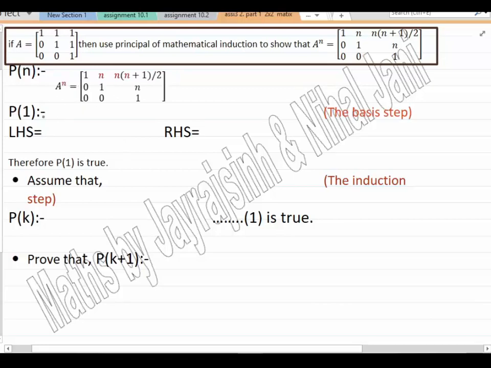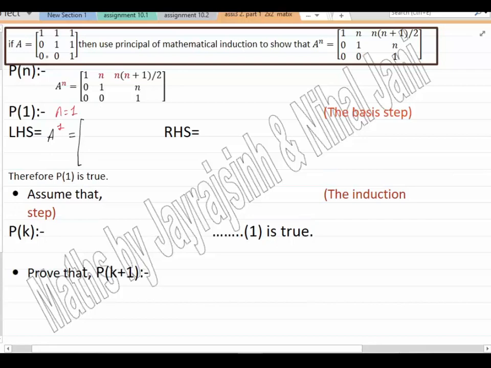Okay, without wasting time, let's go for P of 1, in which we have to put n equal to 1. So our left hand side will be A raised to 1, which is the matrix which is given, 1 1 1, 0 1 1 and 0 0 1, right? Okay, now let's put n equal to 1 in the right hand side.